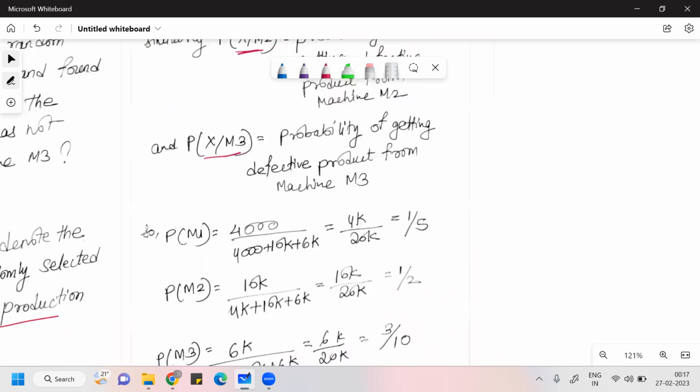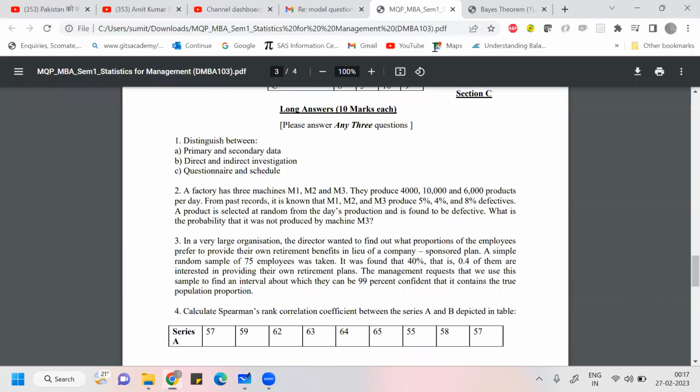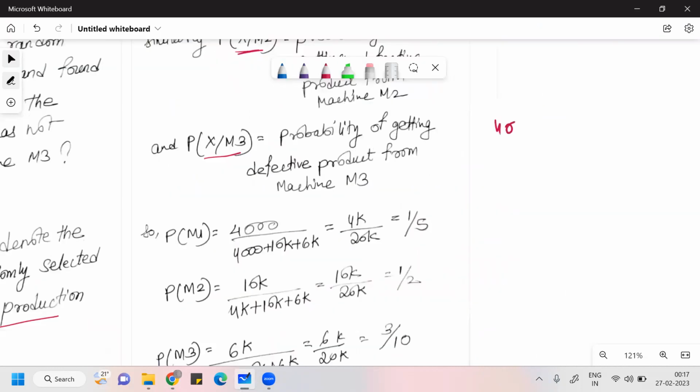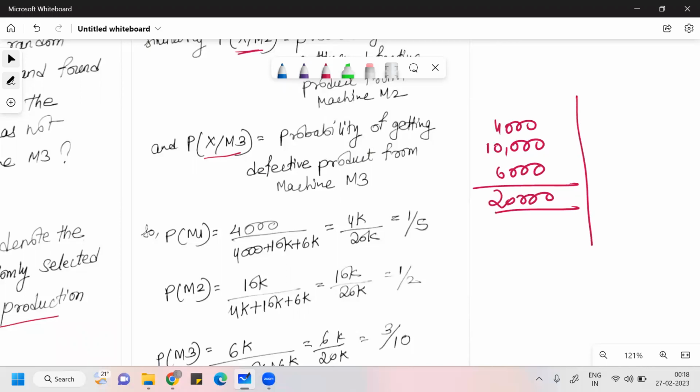So you know that you have 4,000, 10,000 and 6,000. You have 20,000 units. What is the probability? You can calculate the probability. This would be 4 by 20 or 1 by 5. This would be 1 by 2.